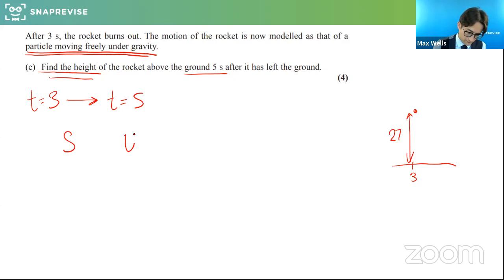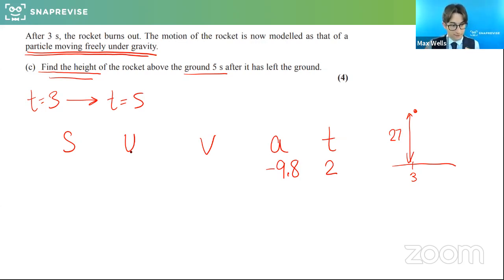let's look at our SUVAT scenario now. What do we know? We know that a is minus 9.8, t is 2, and u, the initial velocity for this period, is not 0.